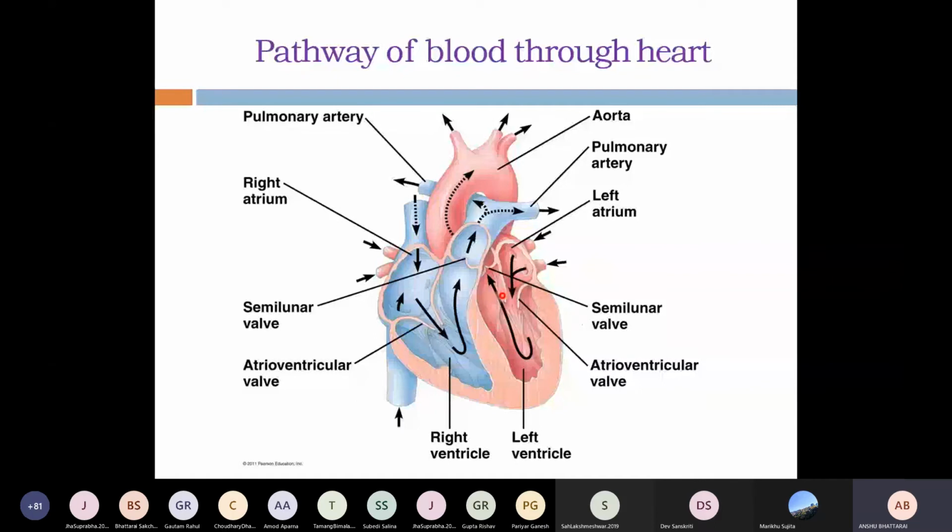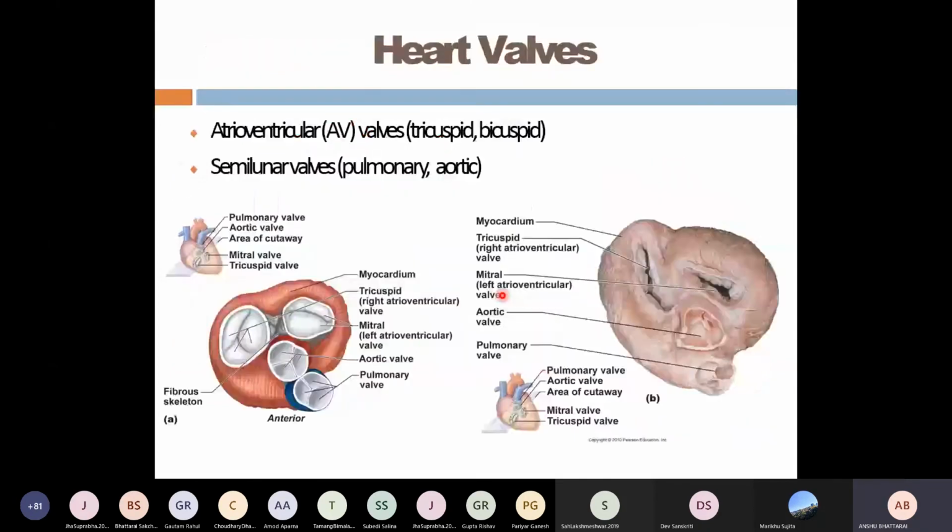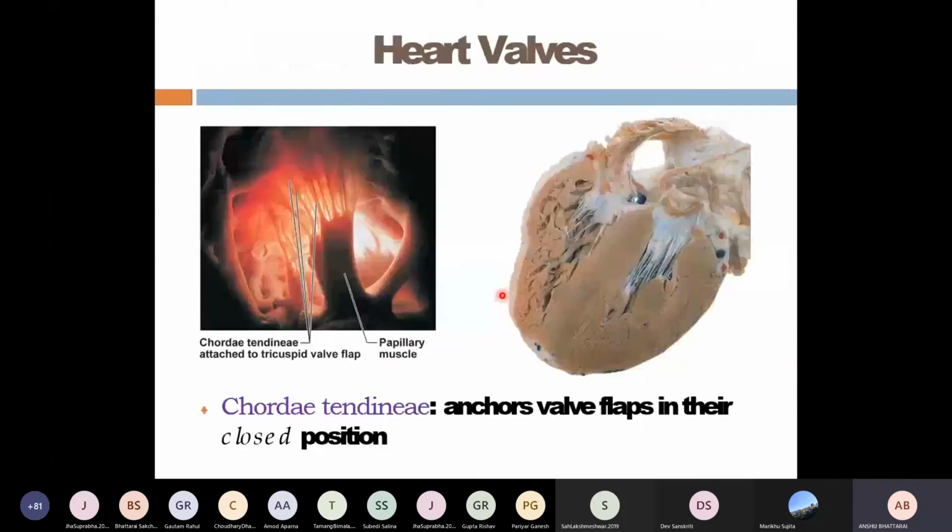So let me show you. These small tendon-like structures are attached to the valve, and they are then attached to a muscle known as the papillary muscle, which is present in the left ventricle. To prevent this backward bulging or reverting of the mitral valve due to the high pressure during ventricular systole, there are small tendon-like structures known as chorda tendineae.